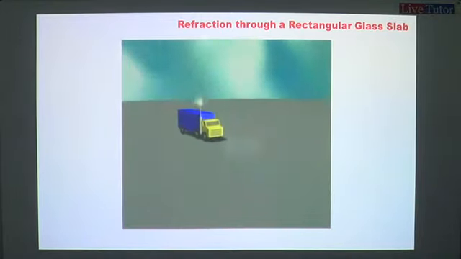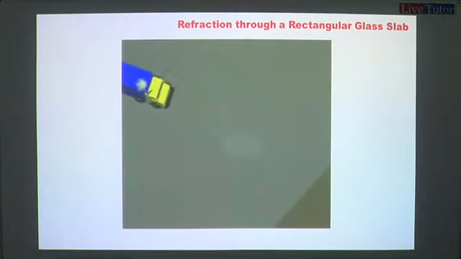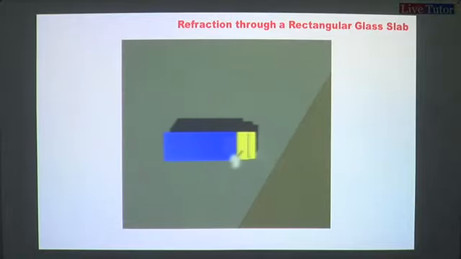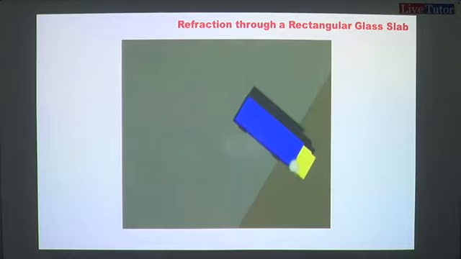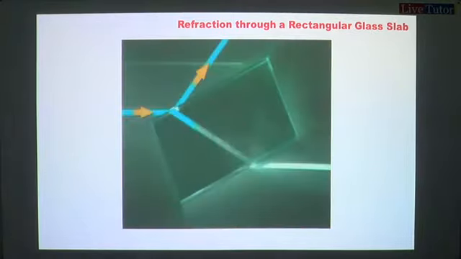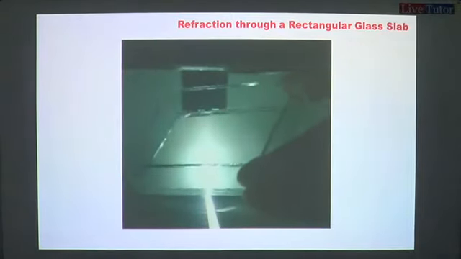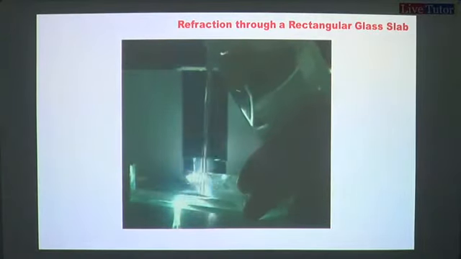To understand how speed can cause a change of direction, imagine a truck approaching marshy ground. If the marsh is at an angle, the right wheel slows first. The left carries on at its speed for longer, swinging the truck round. So when light hits a glass block, it changes direction because it changes speed. Place a glass trough in the beam, and you can see how water also affects the path of light.